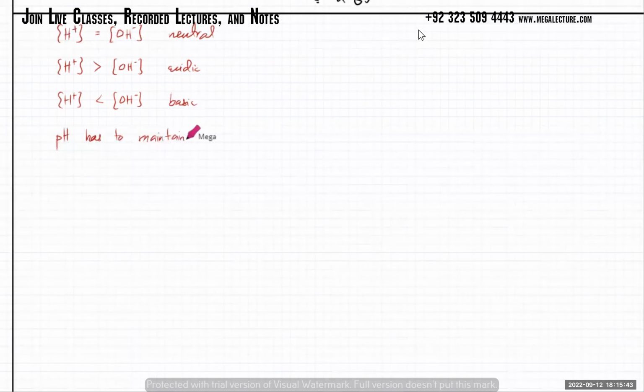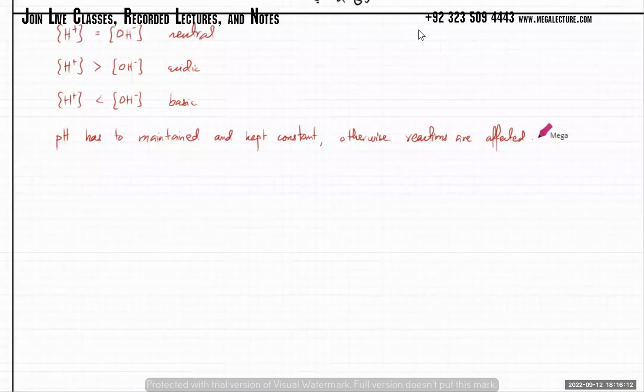It should be the preferred pH of the plants, maintained and kept constant. Otherwise, your reactions are going to get affected.